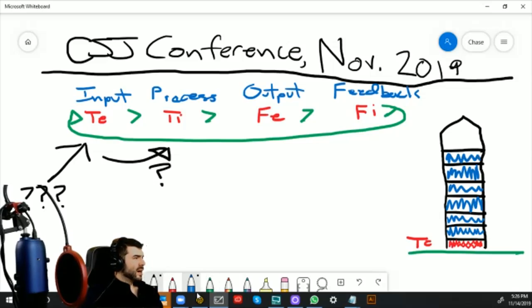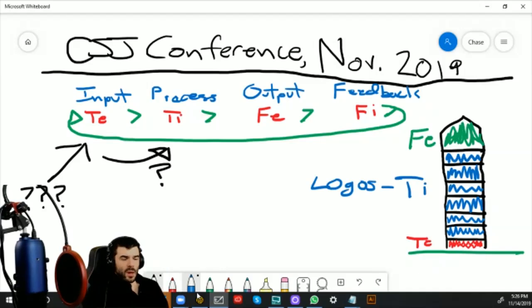And then at the top you have, oops, that is not accurate. At the top you have your output, which is the FE, okay? And then you have the logos, which is the TI logos. All right.